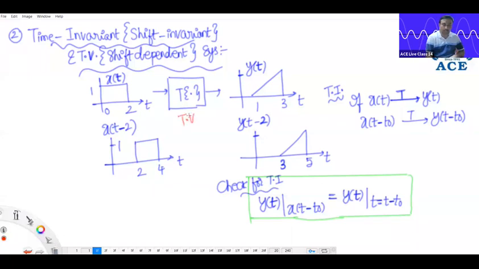Generally, the time varying nature of a system is caused due to aging of components. Aging means as years progress. The best example we can give for a time invariant system is normal Ohm's law: V of t equals R into I of t. Resistance is always a fixed value. For variant systems, we can give multiple examples.